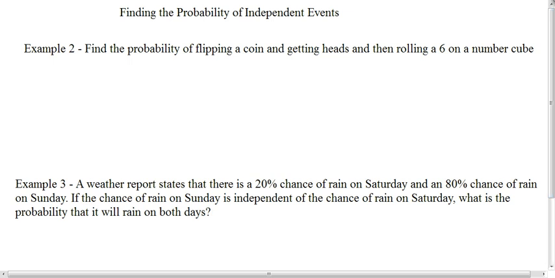So what we're taking is, let's go ahead and get our pen together. I think I wanted to use blue here. So we're looking at the probability of heads. Yep. The probability of heads and a 6 on the number cube. Okay. So here we're looking at the probability of heads.